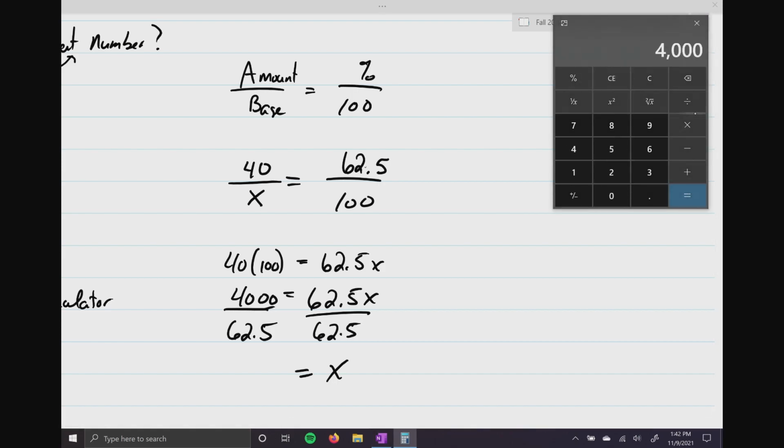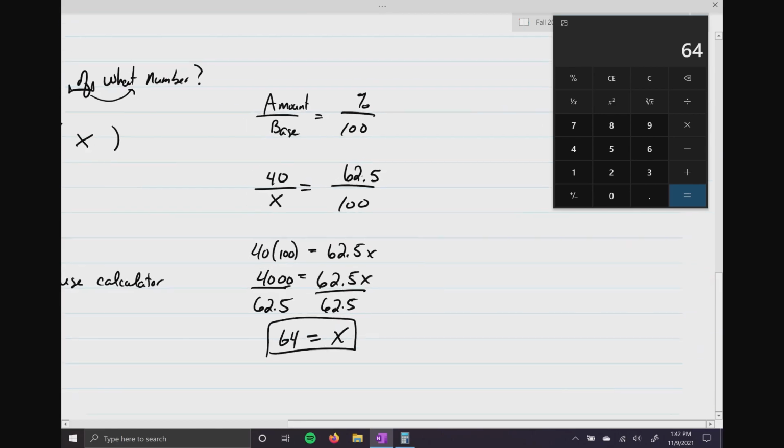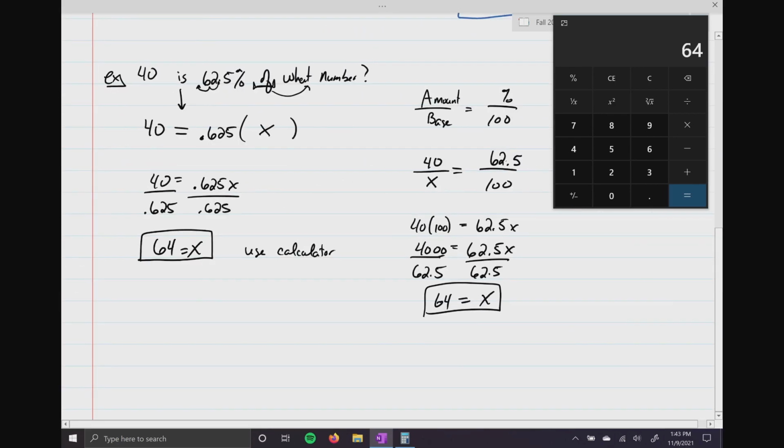So 4,000 divided by 62.5 is 64. All right, so your professor forgot how to multiply factors of 100. But that's okay, because I caught my mistake. So like I said, it doesn't matter which way you do these problems. The only thing that matters: are you setting up the problem properly?